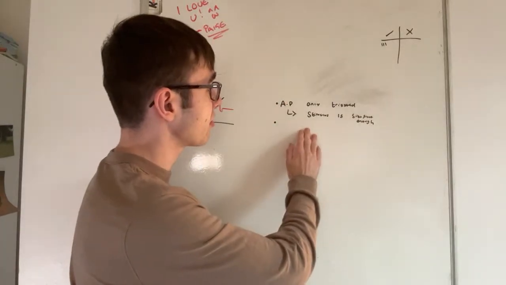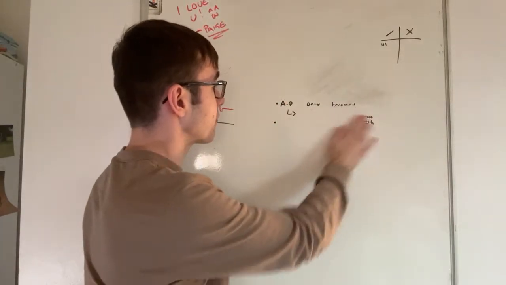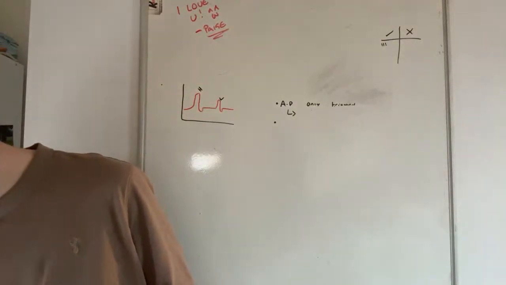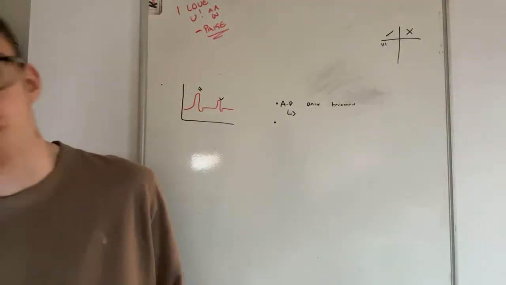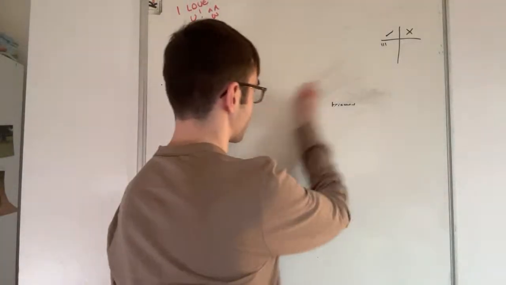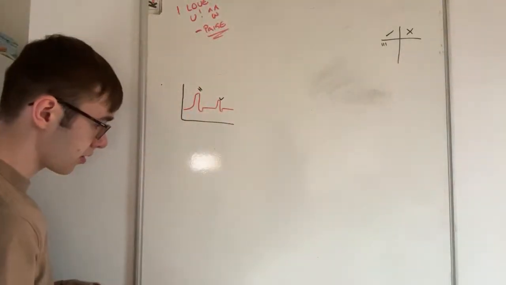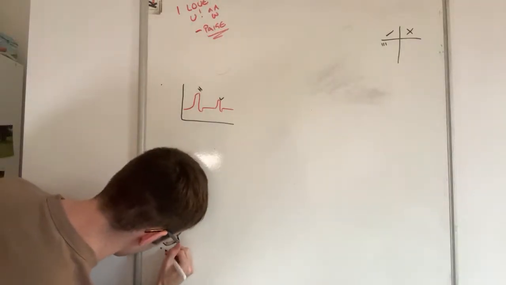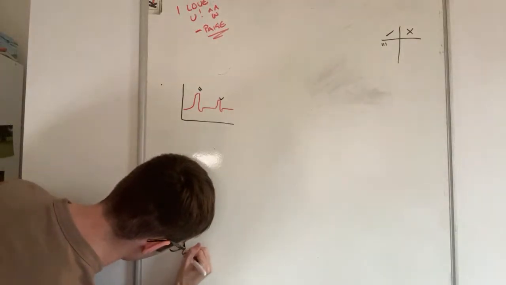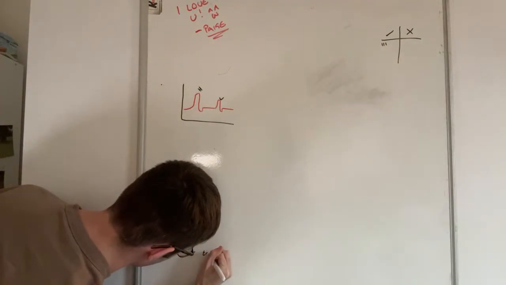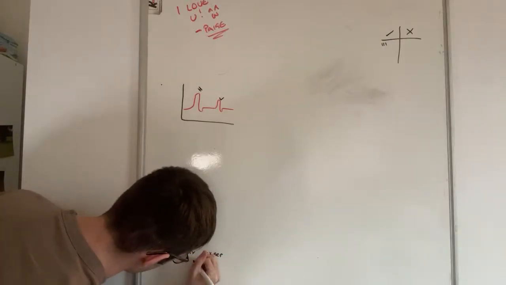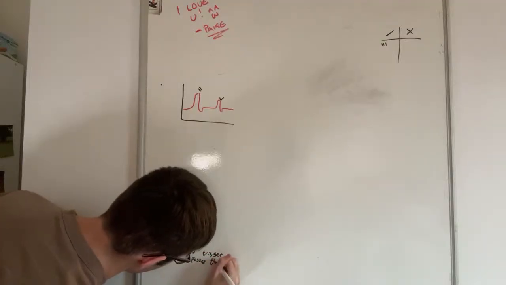The action potential is only triggered if the threshold is surpassed. Or the threshold is reached, sorry. So I'm going to try and drill that one into my head. Usually I add notes to the bottom here, so I'm just going to put the action potential only triggered when it passes threshold.